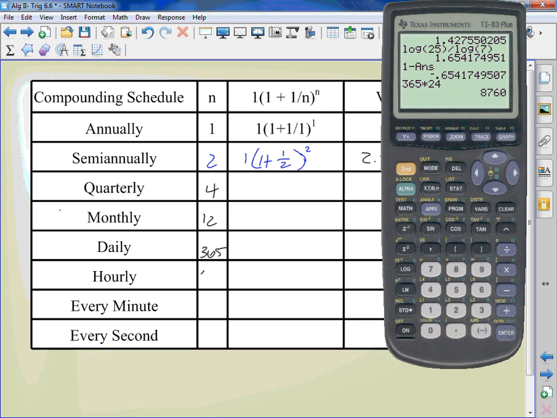This one's 8760. Times this one by 60 for every minute, and I get 525600. For every second, I take this and times it by 60, and get 31536000. That's how many seconds there are in a year.